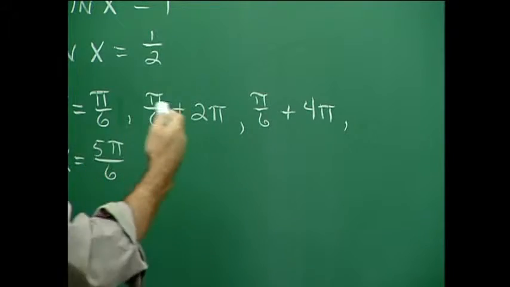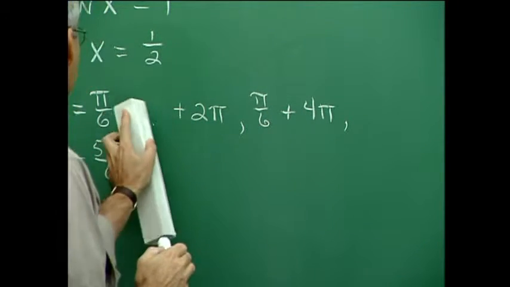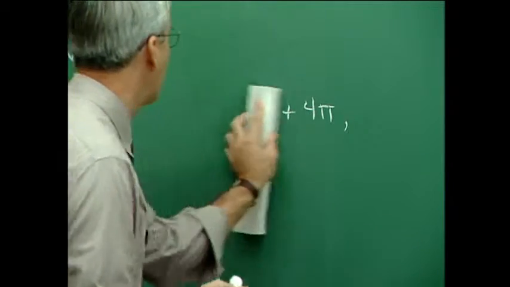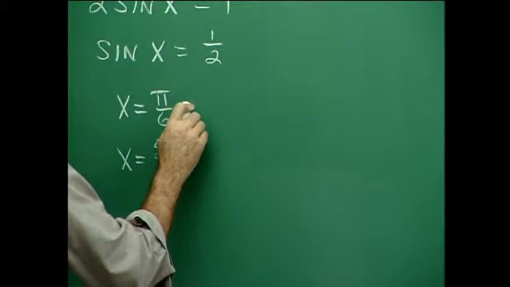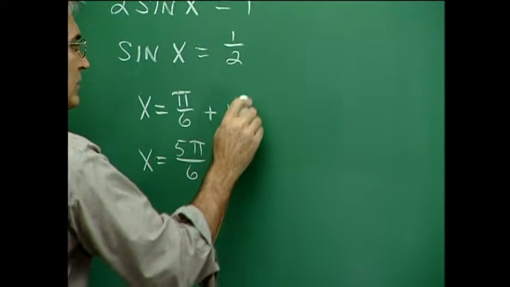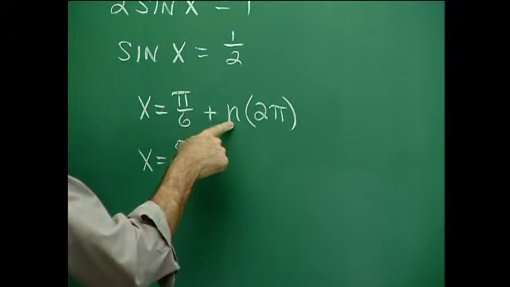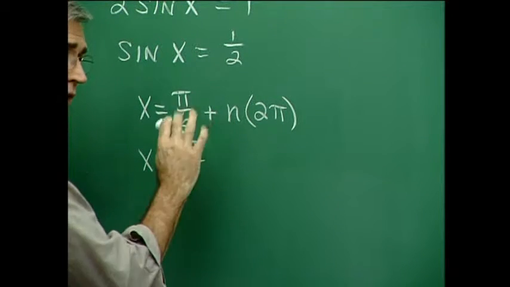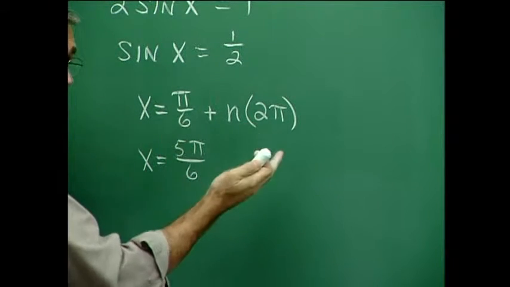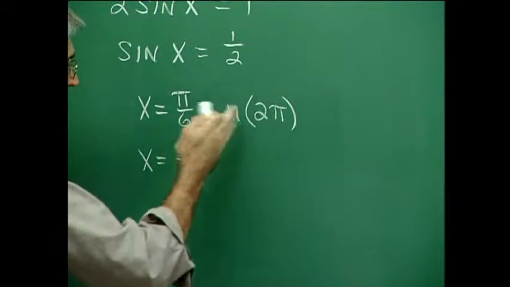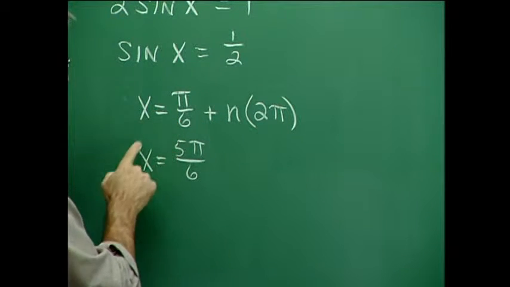So we want to write some statement that gives all of these values in one little statement. And to do that, and I think we've seen the notation before, it's pi over 6 plus n times 2 pi, n being an integer. Now that integer can be positive or negative, so we could generate values in either direction. And this gives the infinite answers associated with pi over 6.